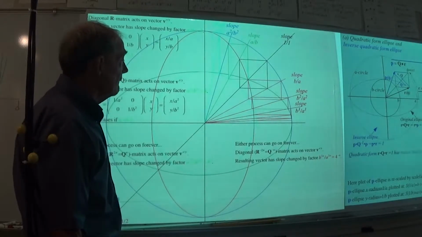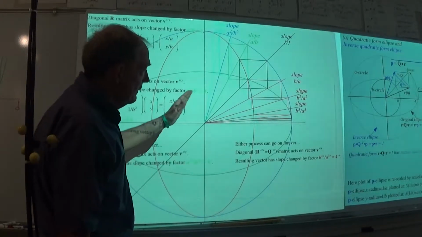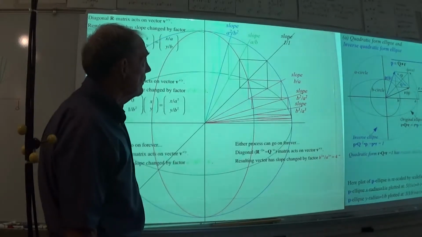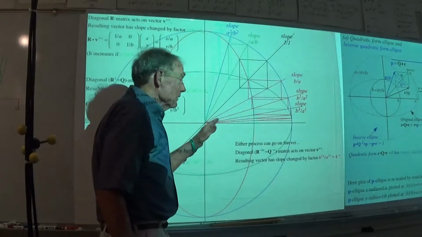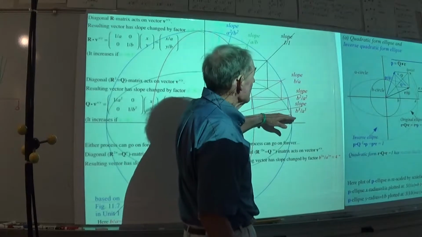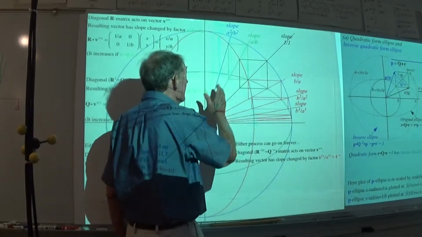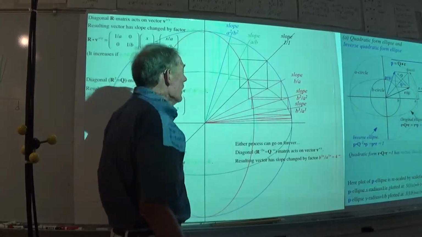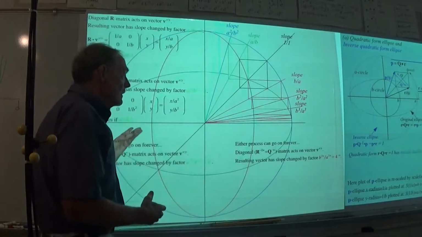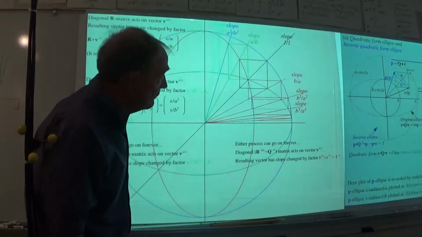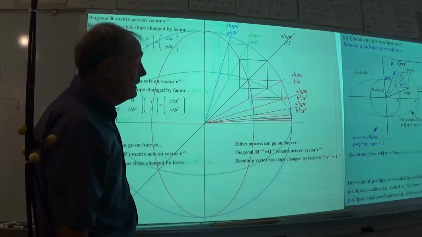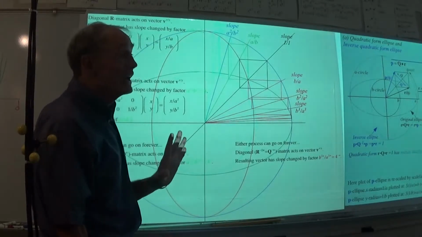Diagonal r minus 1 matrix acting on the vector, whatever vector x and y, is going to be accomplished by that zigzag. Now as you keep doing this, getting higher and higher powers, you get lower and lower slope, actually, because a is bigger than b, but up here it's the reverse. You're getting higher and higher slopes. Basically, multiplying a matrix over and over again is a famous technique that's used to find eigenvectors.